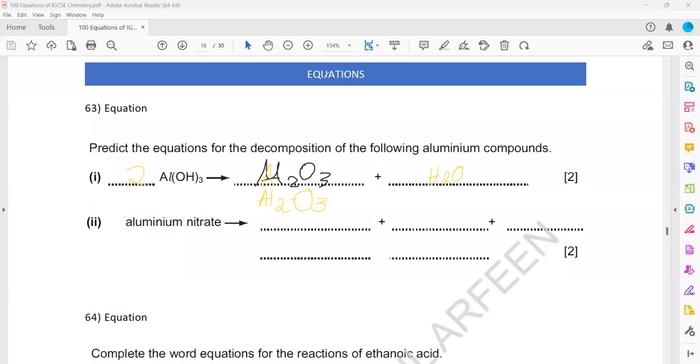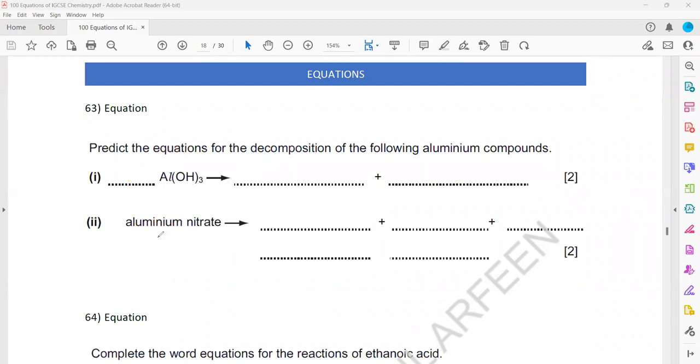So how can we balance them? What number should we put? So we'll put 3. That will make 6 hydrogen. As you can see, this 2 is multiplied by 3, 6 oxygen are there and 6 hydrogen. So when you put 3 here, 3 multiplied by 2, 6 hydrogen, and 3 here, so there will be 6 oxygen. So this equation is now balanced in terms of all.